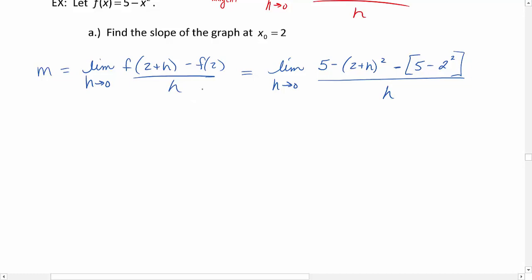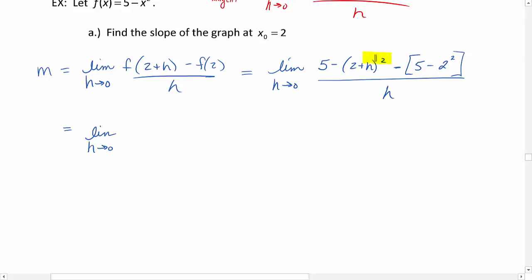Well, let's clean up this numerator, and just like when we were finding the difference quotient in college algebra, we are going to do simplification until that factor of h in the denominator cancels out. We get the limit as h approaches 0.